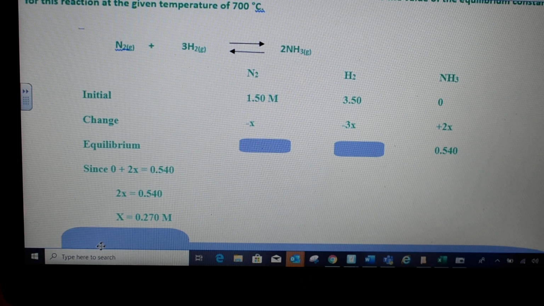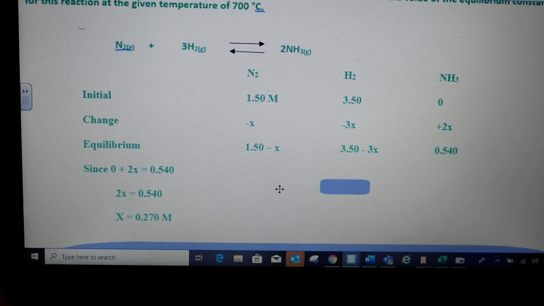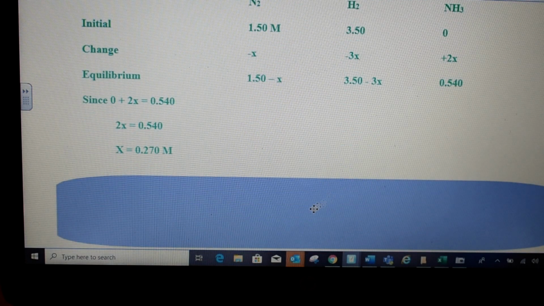With that value of x of 0.27, I can plug it in here. 1.5 minus 0.27, 3.5 minus 3 times that 0.27, and that will give me my equilibrium values for N2 and H2.